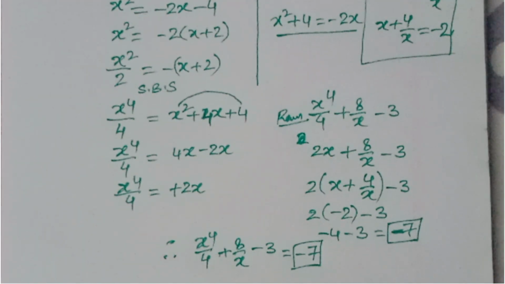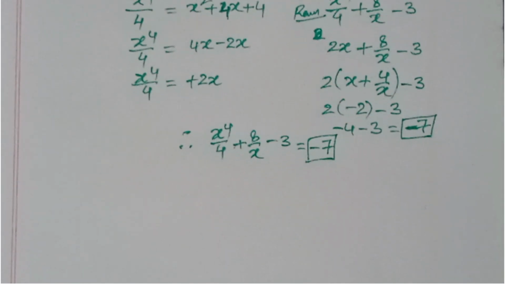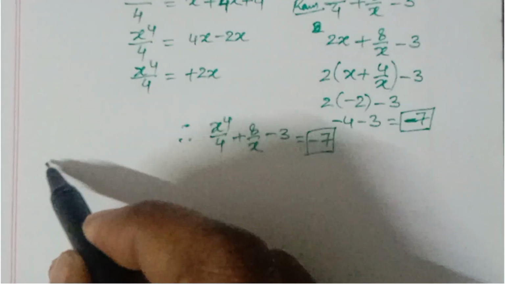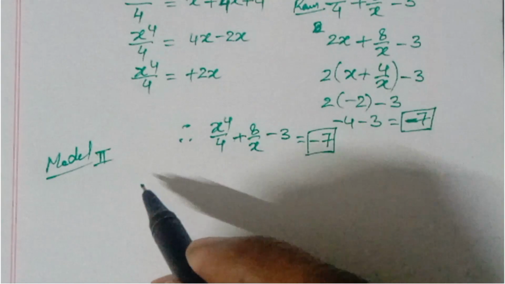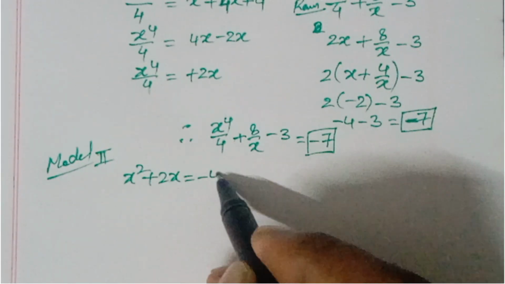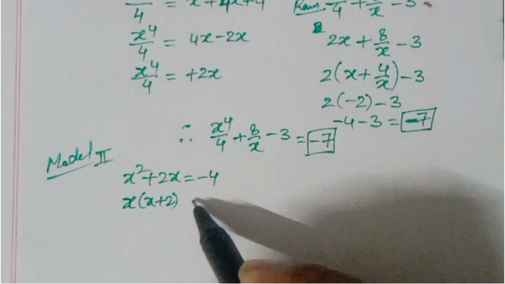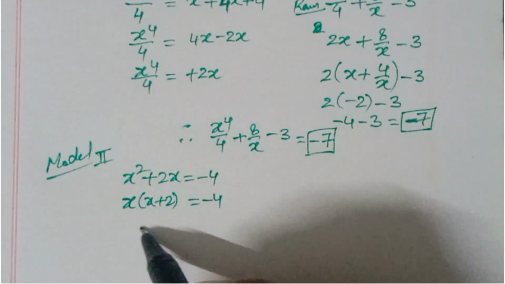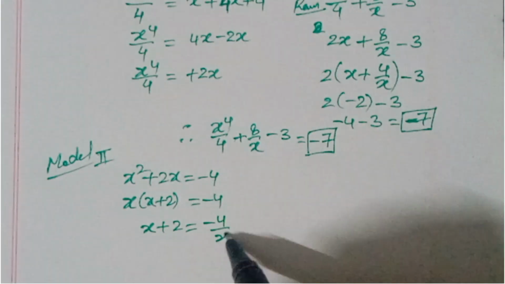The same problem you can do in another model. Okay, it is somewhat big. So model 2. x square plus 2x is equal to minus 4. x into x plus 2 is equal to minus 4, so x plus 2 is equal to minus 4 by x.